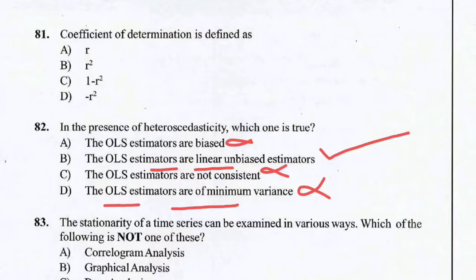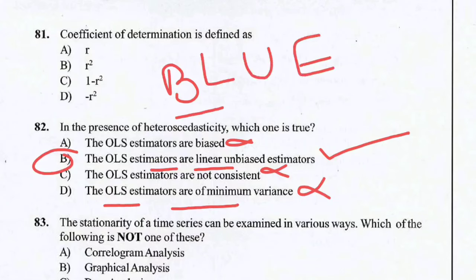correct option should be B option, because in the presence of heteroscedasticity, according to the Gauss-Markov assumptions, BLUE, that is, best linear unbiased estimators, are violated only with respect to minimum variance property.